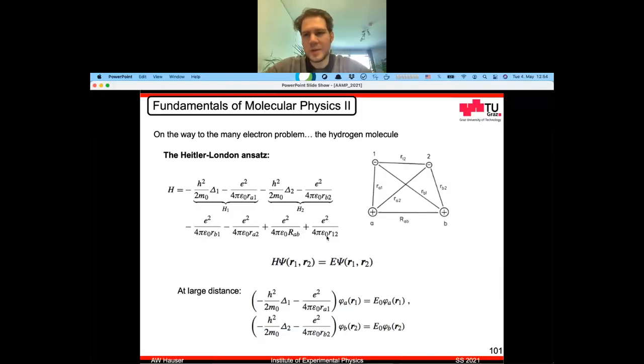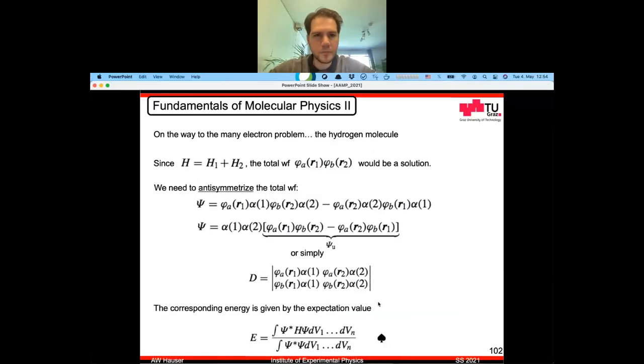We know the corresponding energies, which we have denoted here again as E naught. E naught, you can see here, is the corresponding eigenvalue for the atomic Hamiltonian of the first atom and the atomic Hamiltonian of the second atom. Since it's both hydrogen, we can write it as E naught in both cases. Now the idea is, since the actual Hamiltonian in the non-interacting system, right?